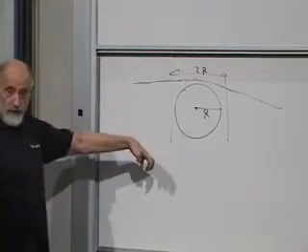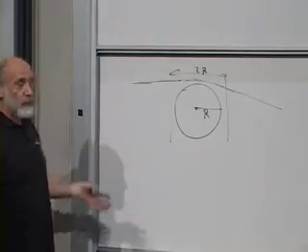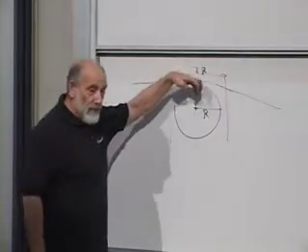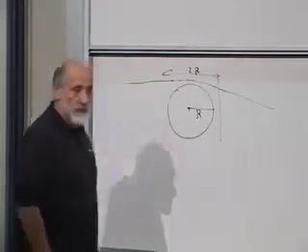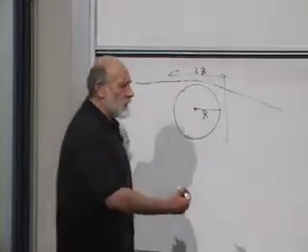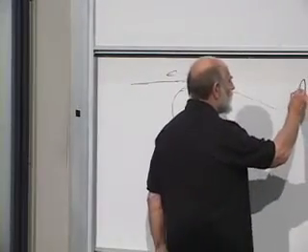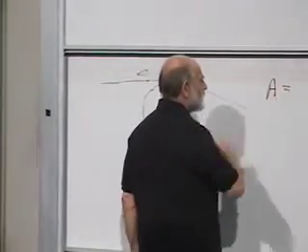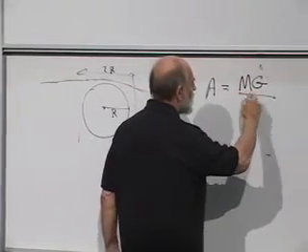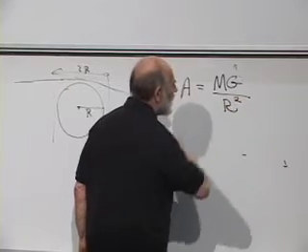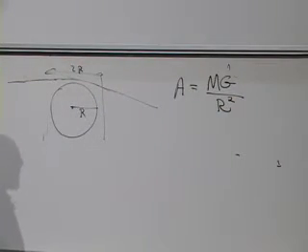What's the acceleration that it feels downward? Well, for that, we just have to work out the acceleration due to gravity, how much acceleration there is at the surface of the sun. I think we already had a formula for that, right? The acceleration is M g over r squared downward.